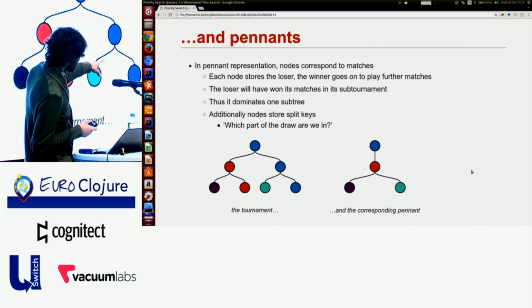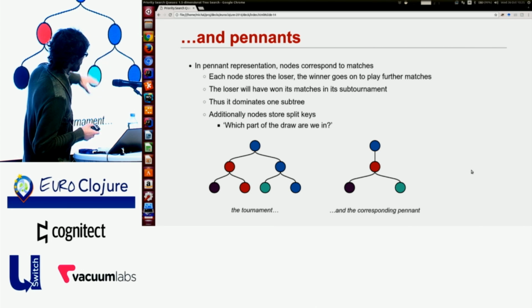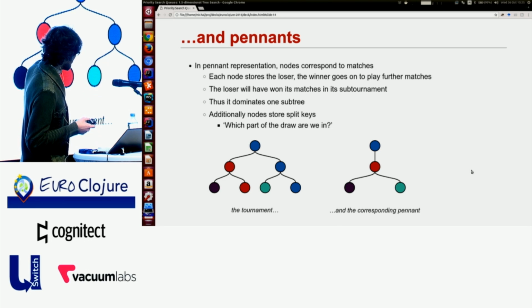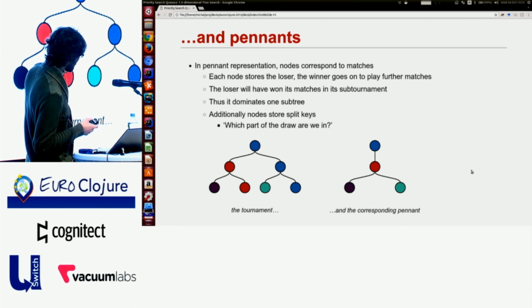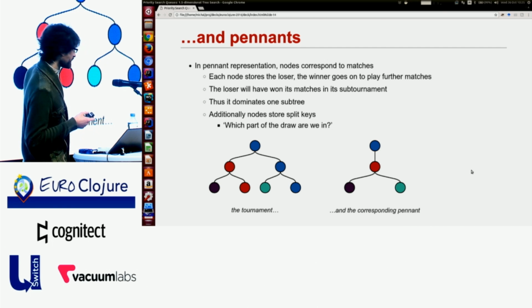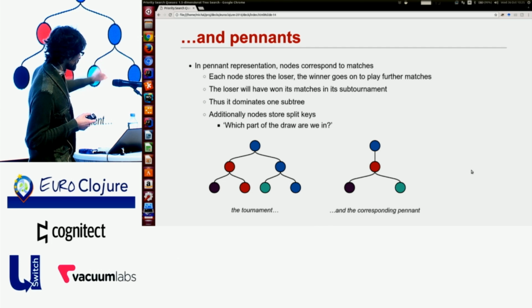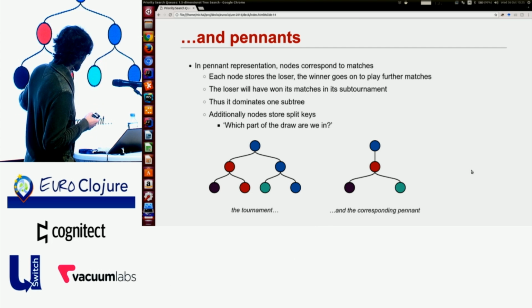Well, this is what we do on the right. And the lower three nodes here correspond to the top three nodes in the tournament tree. And if you compare the two diagrams, here we see that the first match was won by the red node, but lost by the brown node, and so the brown node occurs down there in the leftmost node of the so-called pennant.